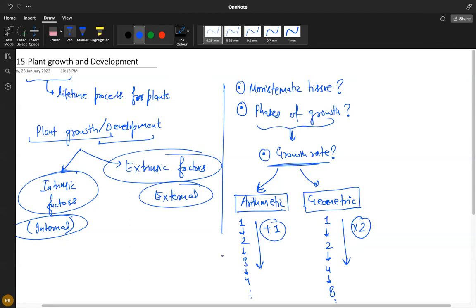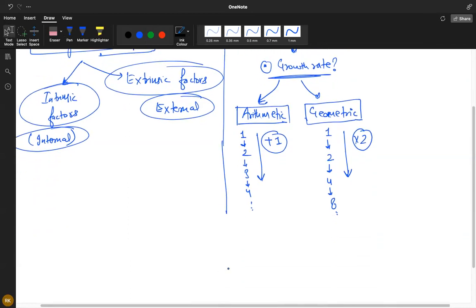Which one do you think is a faster, a rapid mode of growth rate? Arithmetic or geometric? Geometric, right? Geometric is a faster rate because, and can you give me any example of a living system where geometric growth rate is observed?